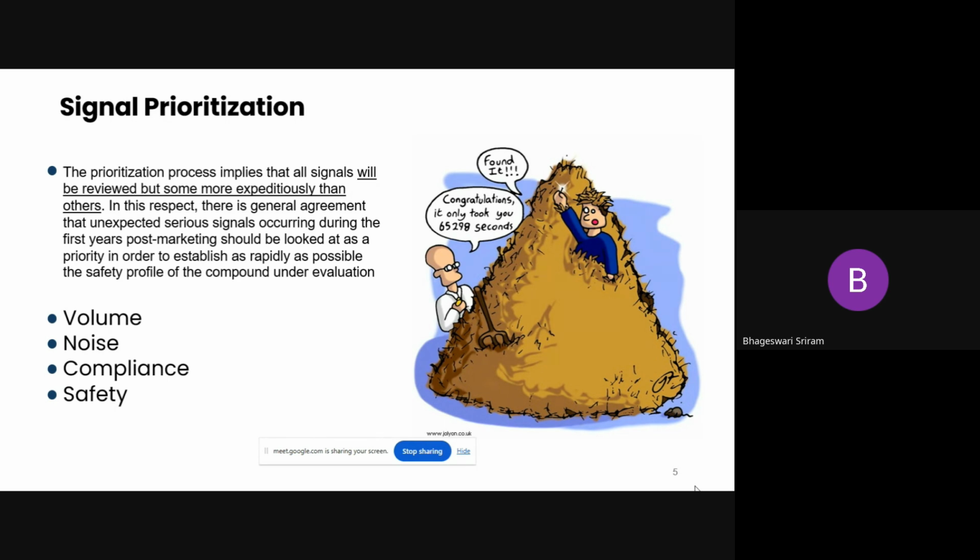It implies that all signals will be reviewed, but some are going to be reviewed faster, because we do not want something significant to get delayed and ultimately impact patient safety. So we need to find a way to cut through the volume and noise in order to ensure our compliance.